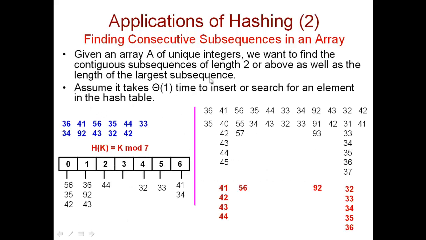If a of 0 is 36, the first element at index 0, we'll check for 35. So check if 35 is in the hash table. If 35 is in the hash table, then 36 will not be the first element of a subsequence. 35, if at all 34 is not there, will be the first element.